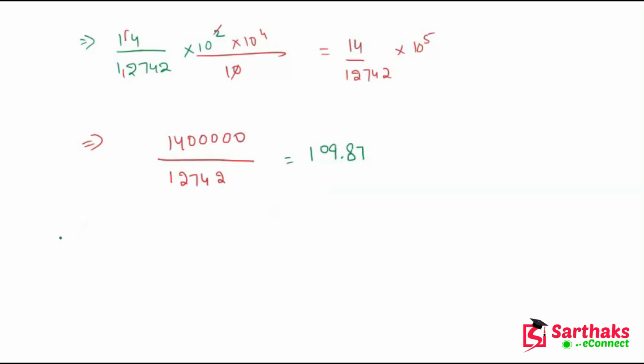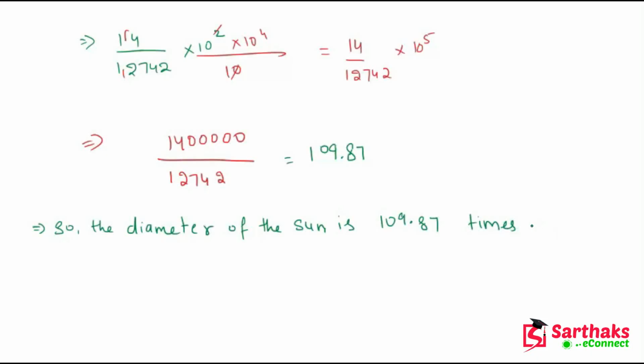So we can say that the diameter of the sun is 109.87 times that of the earth.